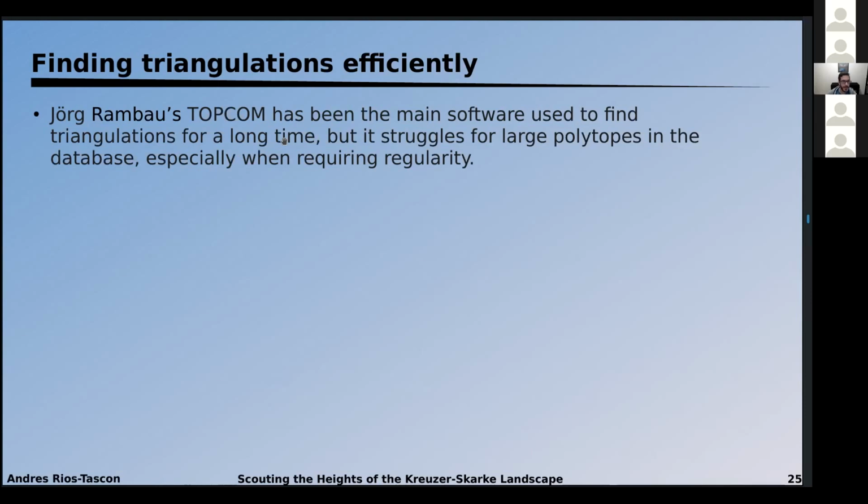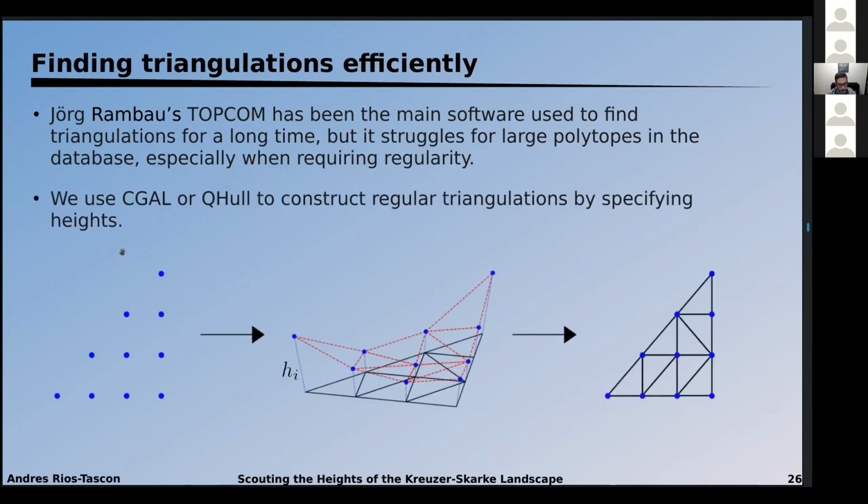So instead of constructing triangulations and then checking if they're regular, which is the really hard thing to do, we use the previous construction I just mentioned so that we obtain triangulations that are regular by construction. We use CGAL or QHull to perform this process, and it is quite quick.